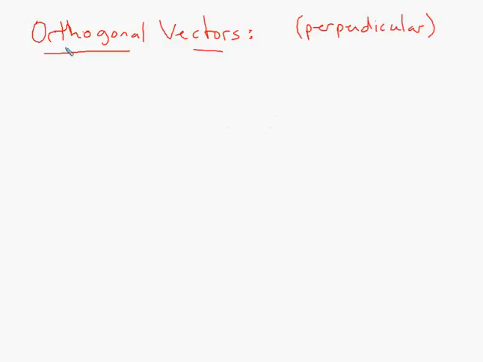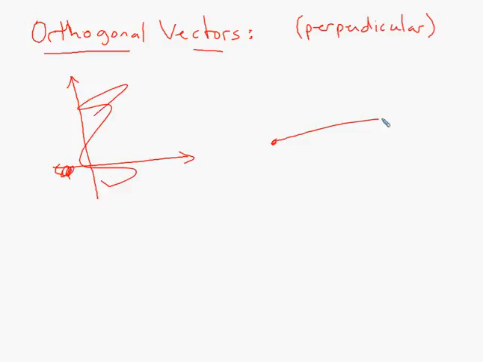Now in 2 dimensions, that's pretty easy to see. Here's a vector, and here's another vector. We can quite easily see that those are perpendicular, even if they're not right next to each other.